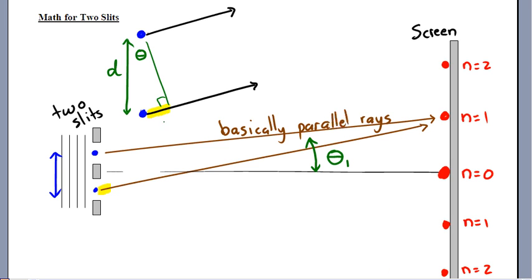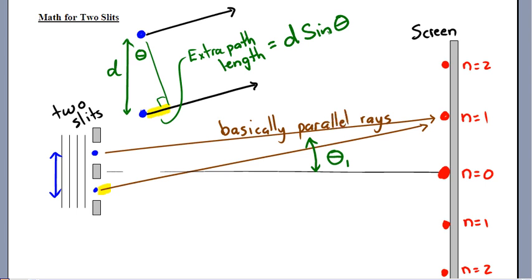So if you play around with the SOHCAHTOA, sine of theta would be the extra length divided by d. So if you multiply by d, that extra path length is equal to d times the sine of theta. That's how much longer one path is than the other.